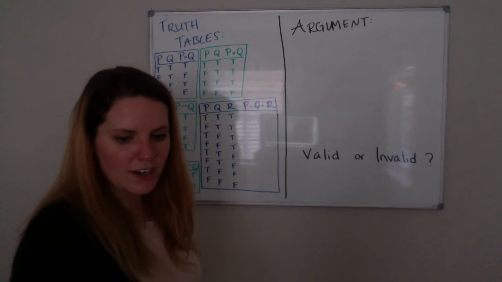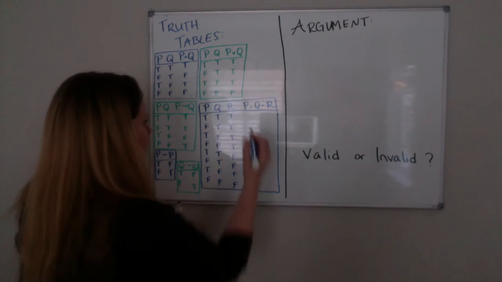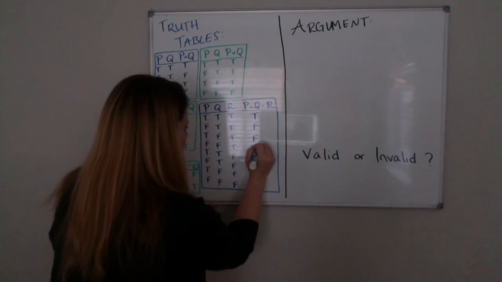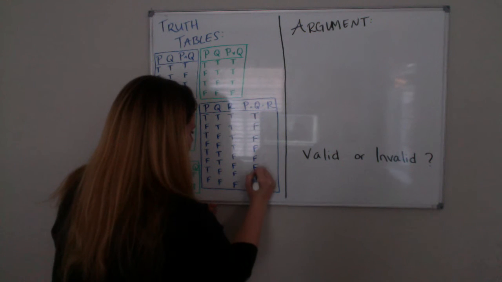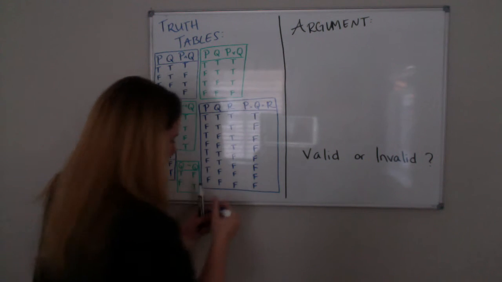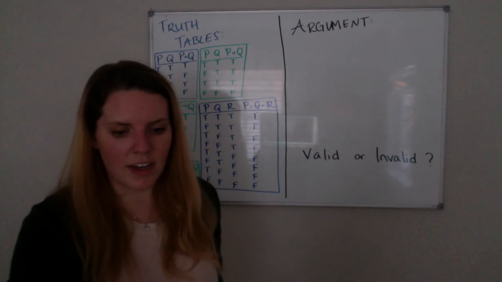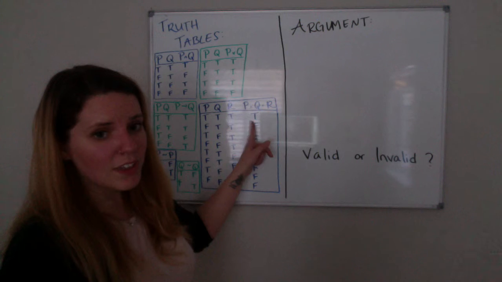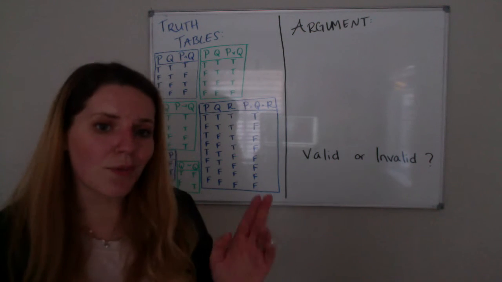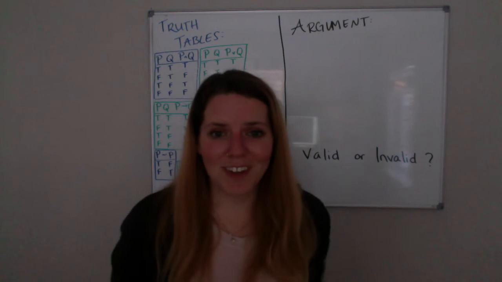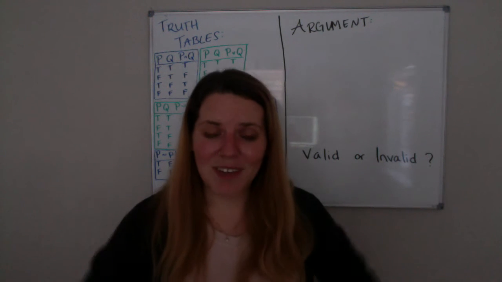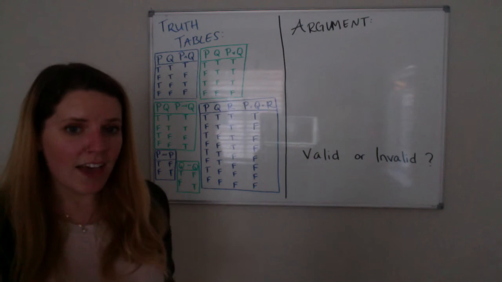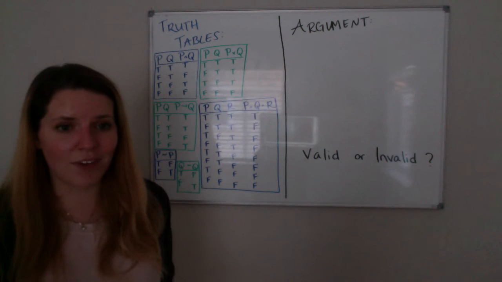So I'm going to write true in the first row and false in all the other rows. All right, one more time. This is P and Q and R, and it's only true when all of the conjuncts are true. We're not going to use that in this video, but you are going to use that on your homework. So I wanted you to have that truth table with 3 variables here. So I'm going to move aside. If you haven't written this down, go ahead and pause the video and write it down now.